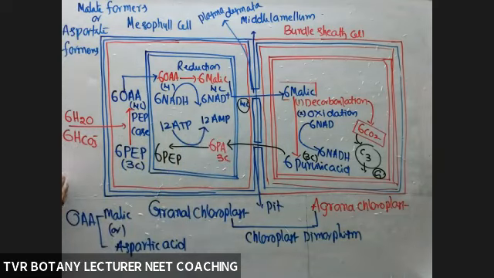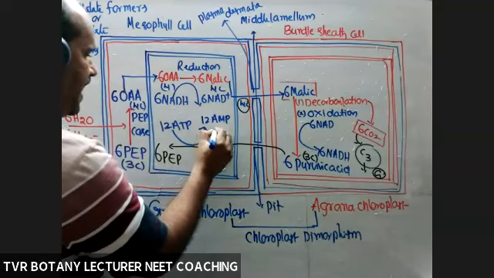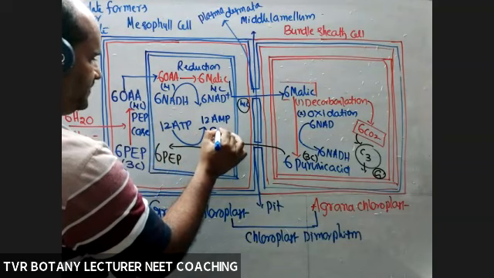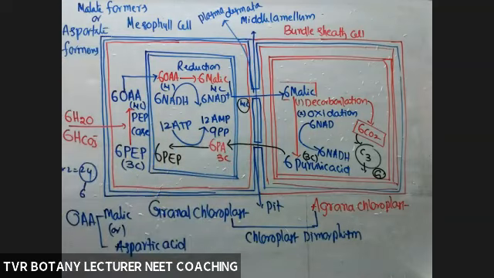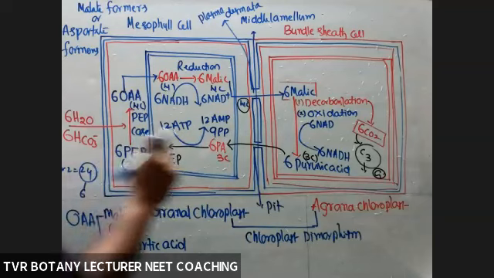Remaining, so 12 into 2, 24 inorganic phosphates. Out of 24 inorganic phosphates, only 6 are added to PEP. And remaining how many? 18. So the remaining 9 pyrophosphates are released out. Okay, right?